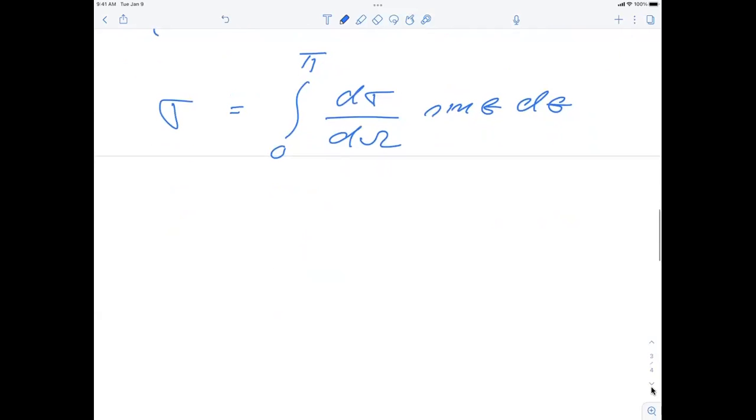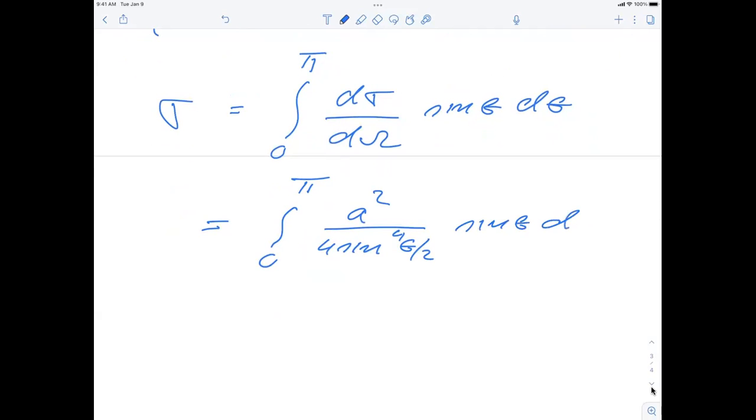That means you simply have to perform an integral where you integrate from 0 to pi, and then you have this quantity a squared, which is known. You have a 4 sine to the power of 4 of theta half, multiplied with sine theta dθ. And this is the famous Rutherford classical cross-section.